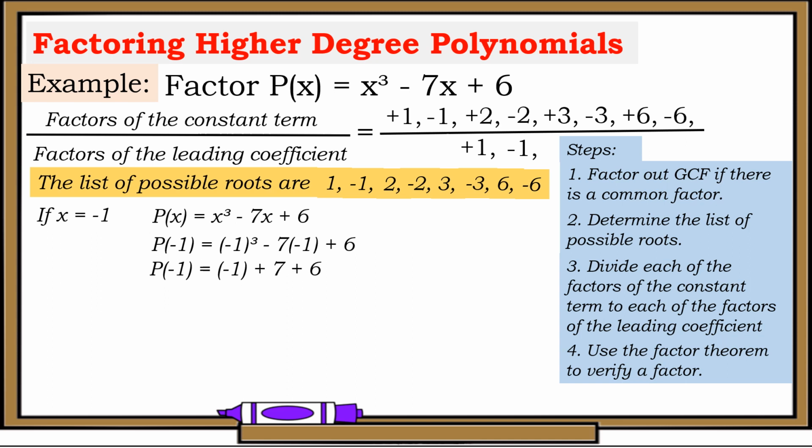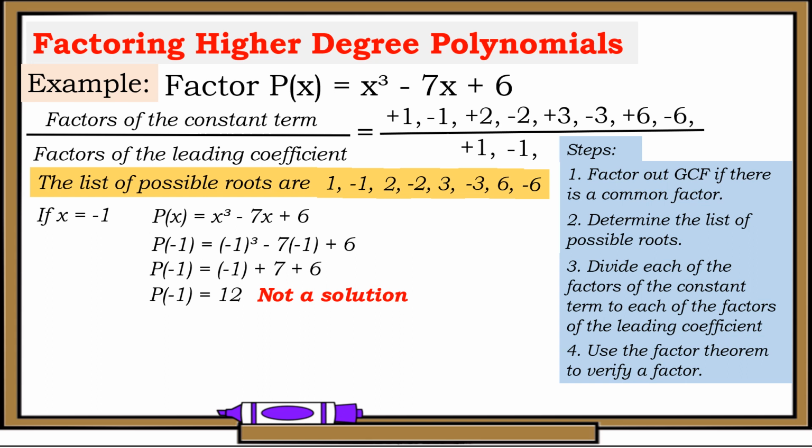Simplify natin. Negative 1 to the third power is negative 1. And negative 7 times negative 1 is positive 7. So, let us add negative 1 plus 7 plus 6. Therefore, P of negative 1 is equals to 12. Kapag ang result ay hindi 0, this is not a solution.